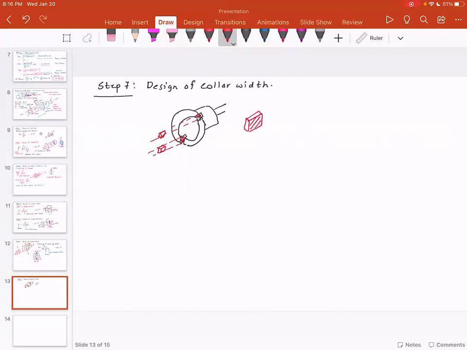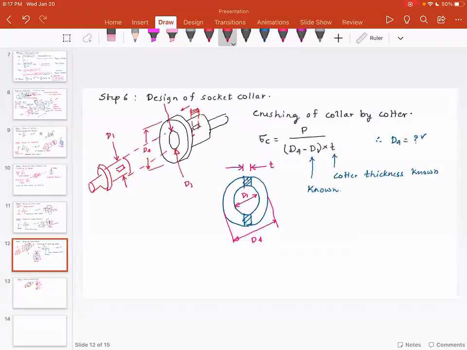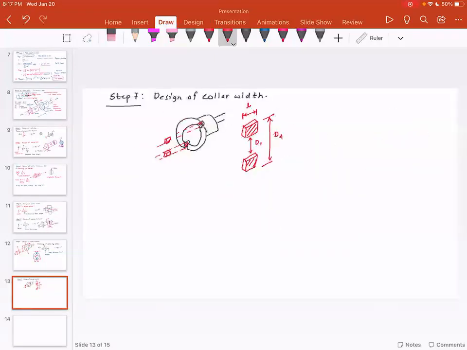You're going to have one surface here, and the other surface over here. Now, this dimension is D4. This dimension is D1. And this dimension is nothing but the L, I'm going to call this L4.